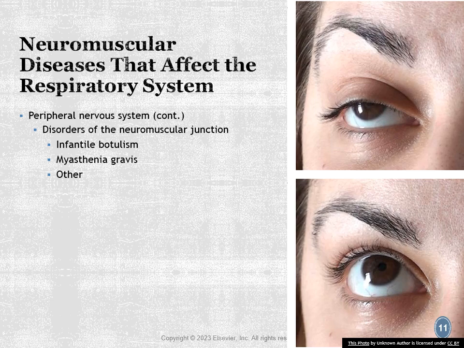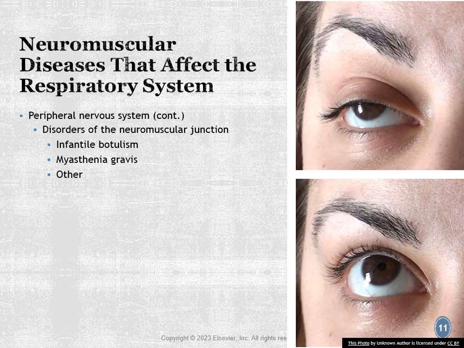Most infants experience symptoms of constipation and poor feeding, followed by progressive bulbar and skeletal muscle weakness and the loss of tendon reflexes. On examination, typical features include diffuse hypertonia, ptosis, dysphagia, and a weak cry. There can also be respiratory insufficiency and apnea.